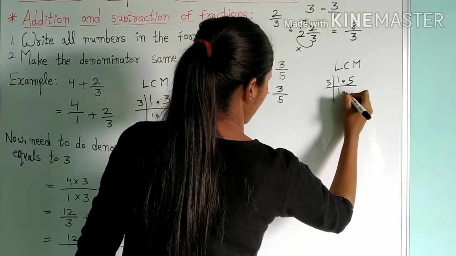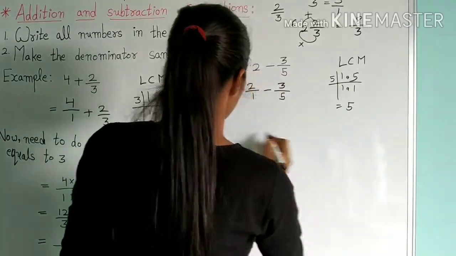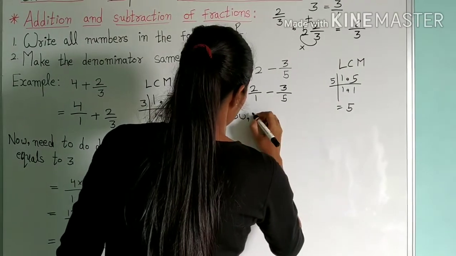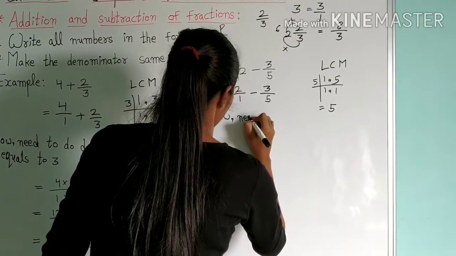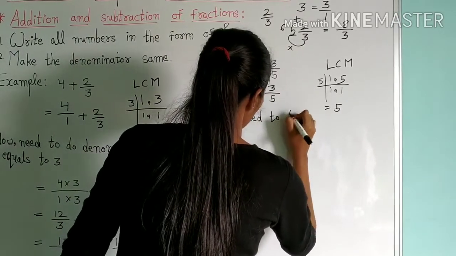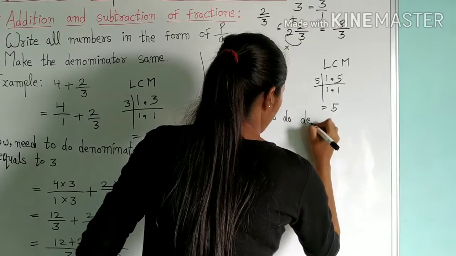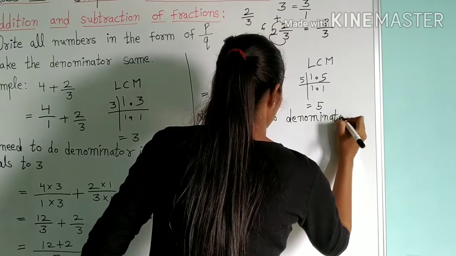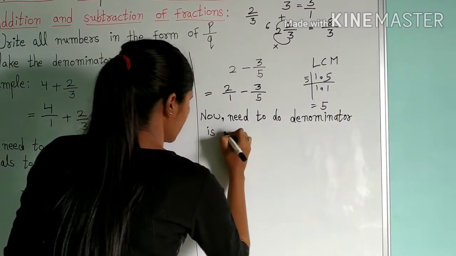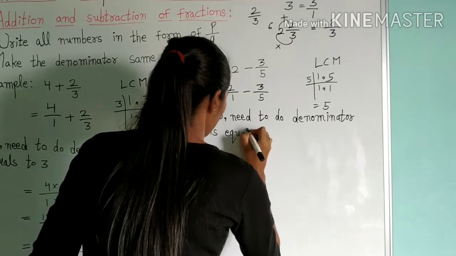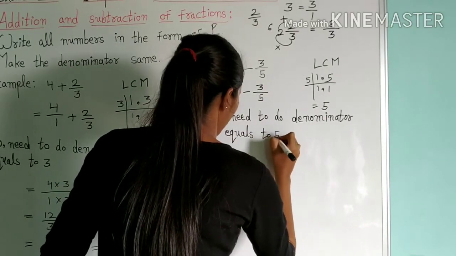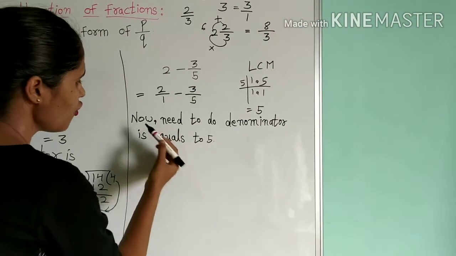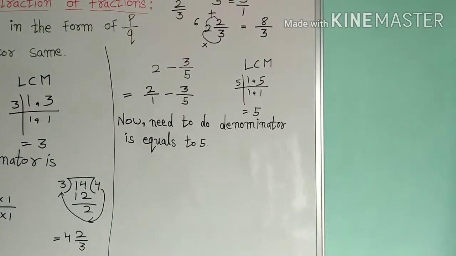So 5 1s are 5. Our LCM is 5. Now we got LCM 5. Now we need to make the denominator equal to 5.